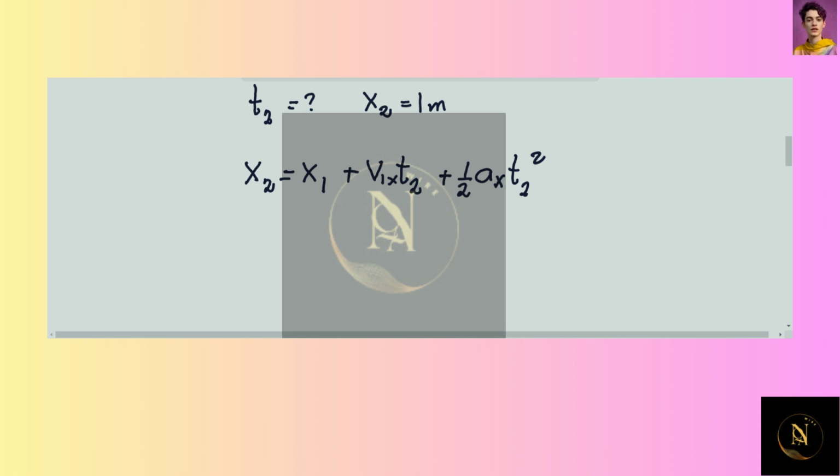Since we are looking for t sub 2, we can write this equation like this, since it is in the form of a quadratic equation.